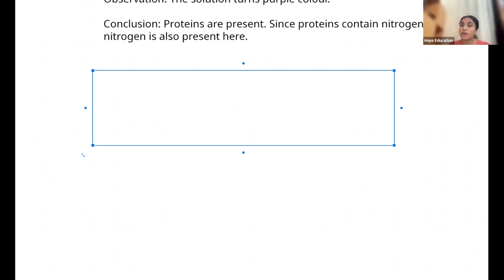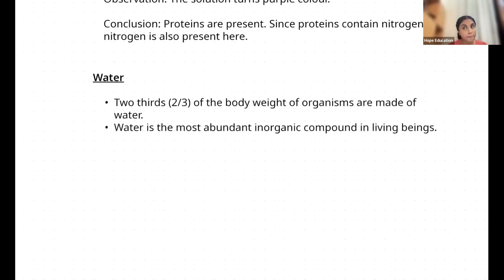Now, I hope you remember we talked previously about organic compounds and inorganic compounds. Organic compounds generally are the ones that contain carbon, right? Inorganic compounds generally are the ones without carbon. Under inorganic compounds, we learned some examples like water, then minerals and gases. Those are examples of inorganic compounds, okay?